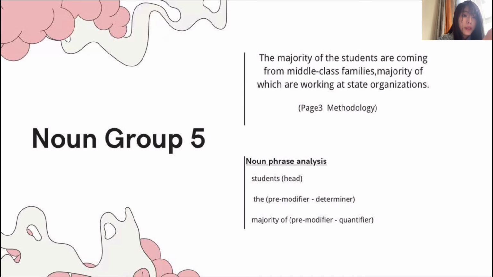They are classified according to their positions relative to the head in the phrase. Pre-modifiers include all modifiers that appear before the central word.